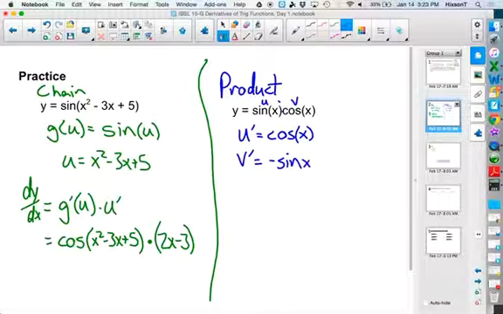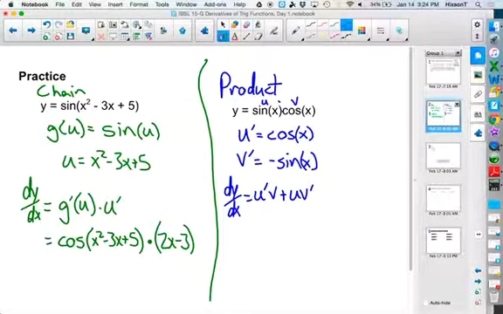Okay? So in this case, dy dx is u prime v plus u v prime. Okay? The product rule is plus.